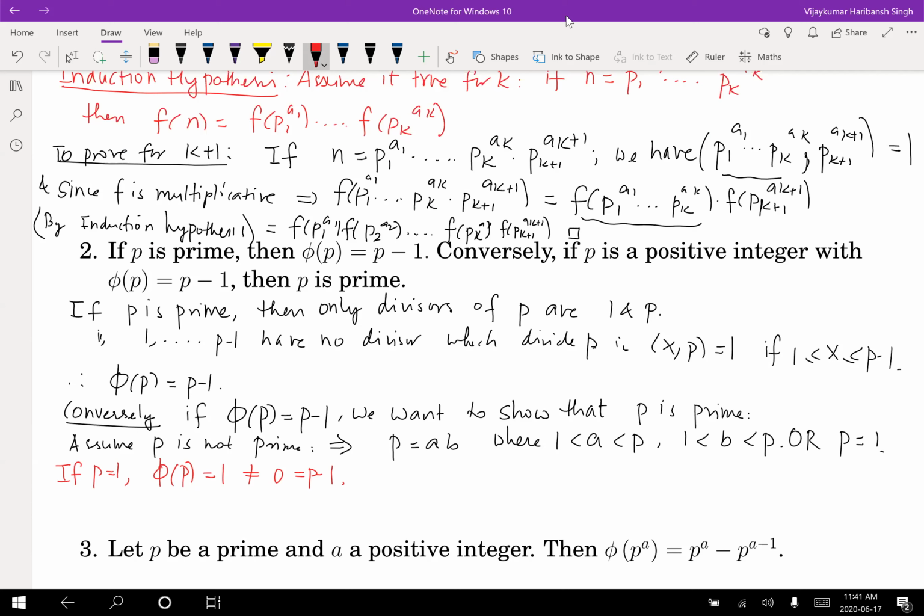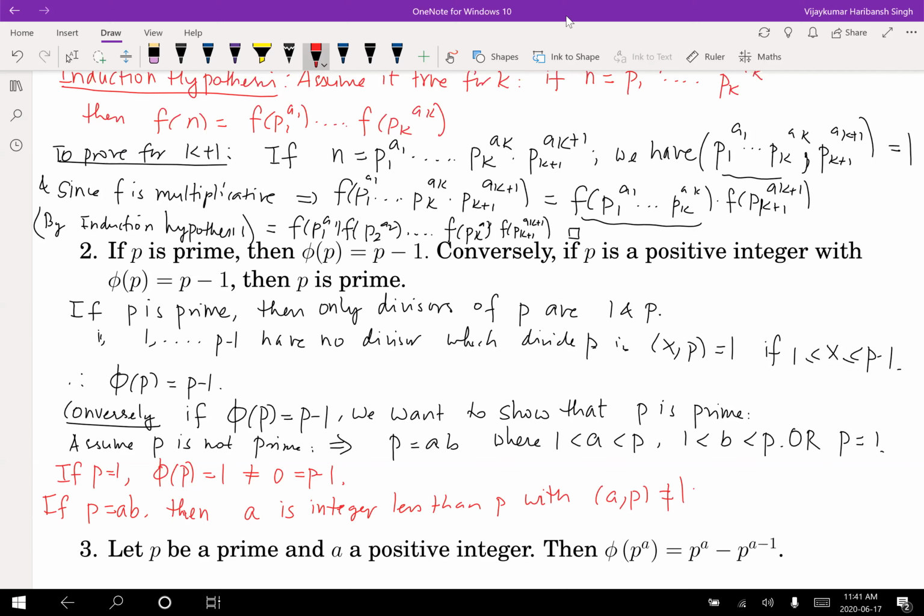Now if p equals ab, then a is an integer less than p, which is not coprime with p, since a and p have gcd not equal to 1.